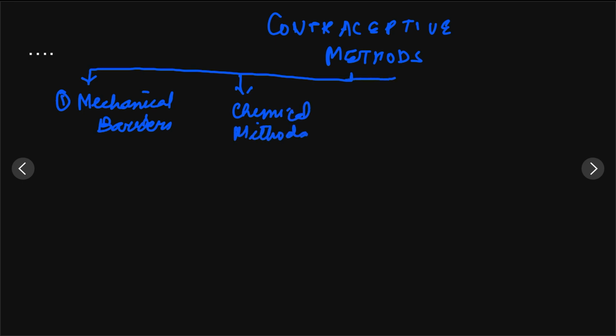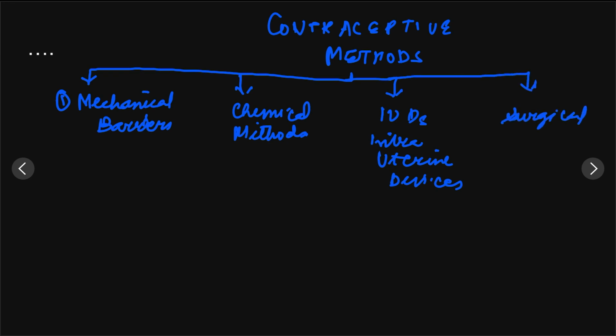After chemical methods we have IUDs, that is intrauterine devices, and at last we have surgical methods. So beta, details I will be doing when we do the reproduction part.